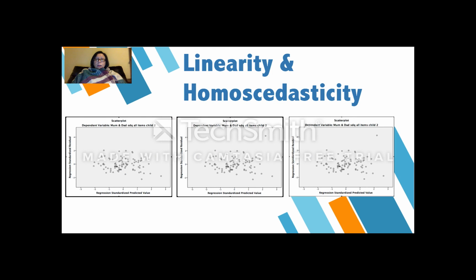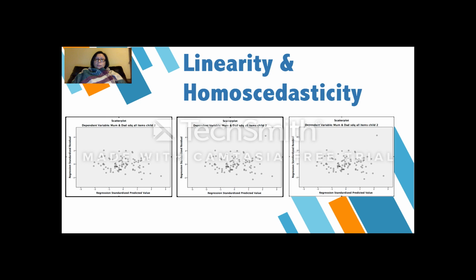We can look for heteroscedasticity and nonlinearity using a plot of standardized residuals against standardized predicted values. If everything's okay, then the graph should look like a random array of dots, and if the dots create funnels, then that is a sign of heteroscedasticity, and any curve suggests nonlinearity.